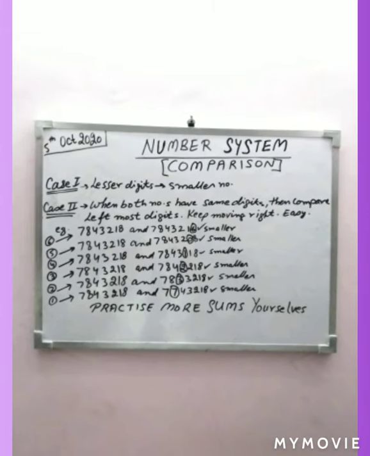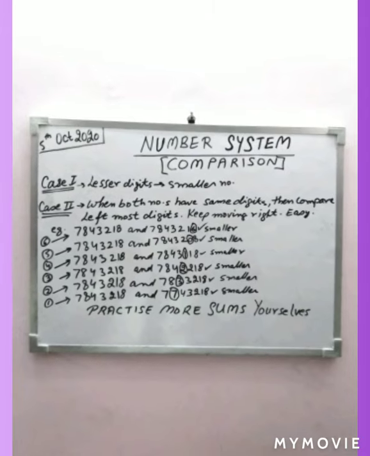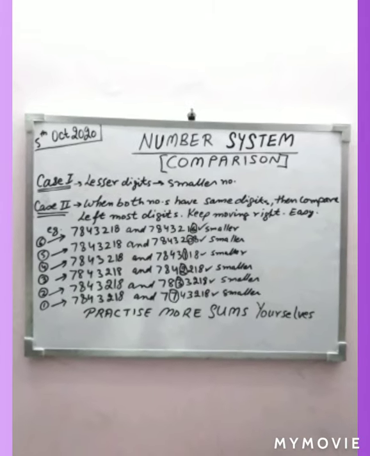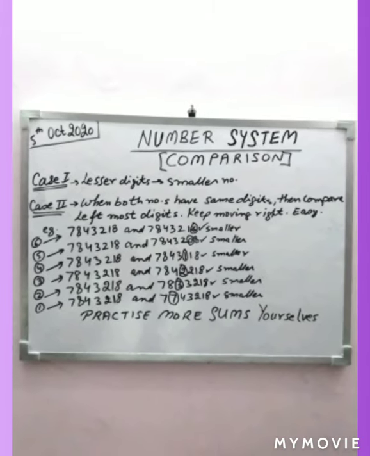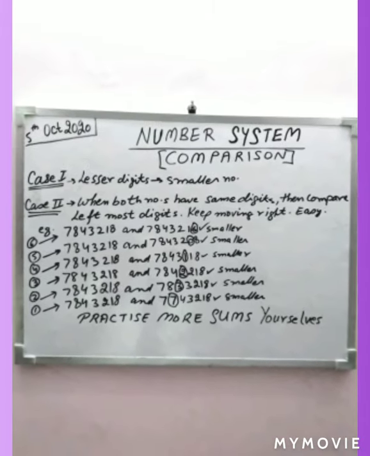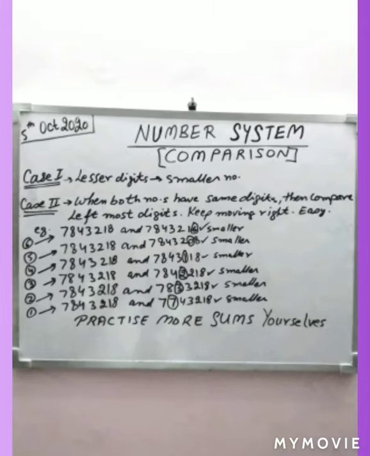Now the second point is, suppose we have to compare two numbers having the same number of digits, then we shall proceed as follows. First, you must compare the digits at the leftmost place in both the numbers. If these are equal in value, then compare the second digit from the left.